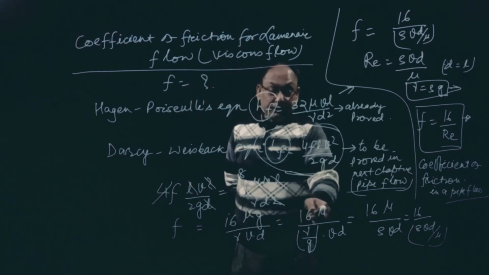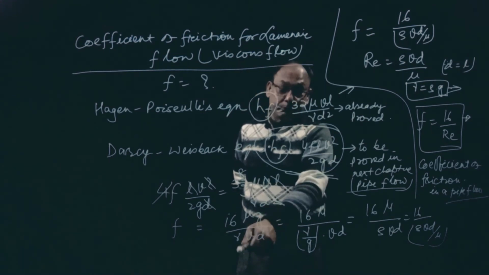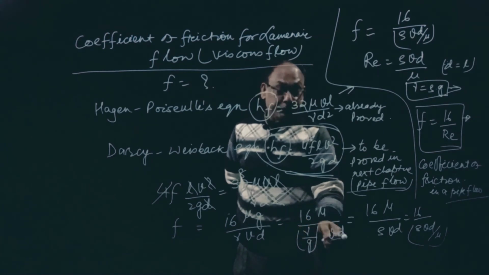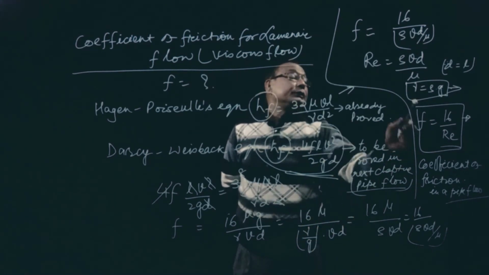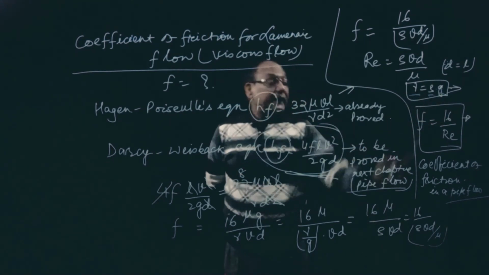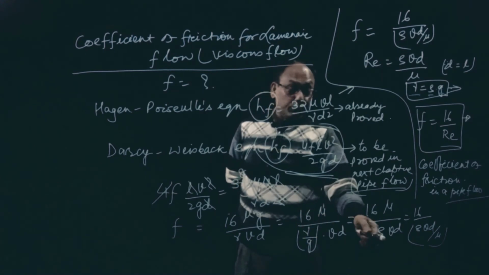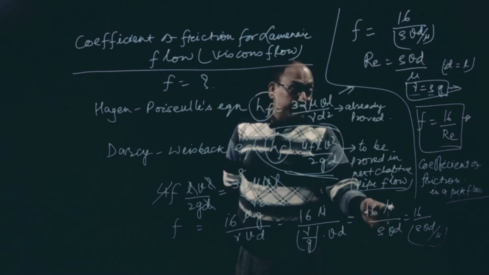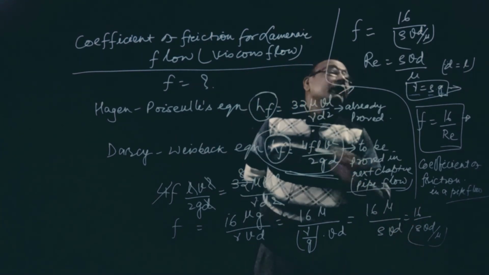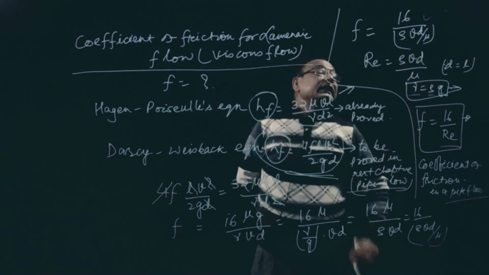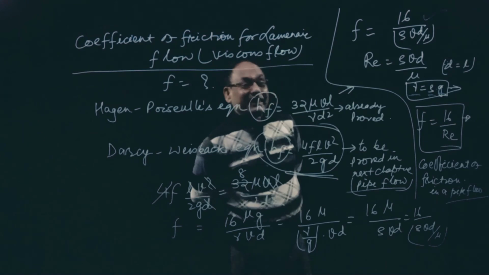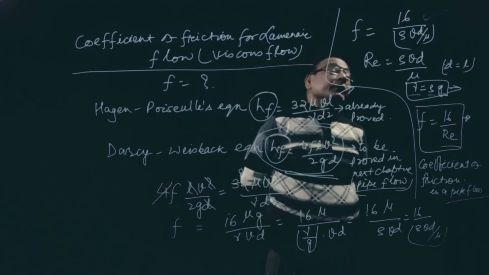Now 16 mu, you put this G in the denominator, so it is gamma by G into Vd. Gamma by G is nothing but rho, because weight density equals mass density into G, as we have already proved. So 16 mu by rho Vd. Rho Vd by mu is nothing but the Reynolds number Re, where we are using D, the characteristic length.